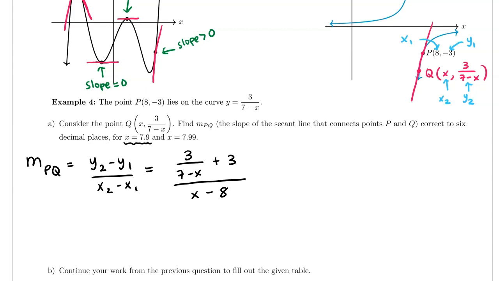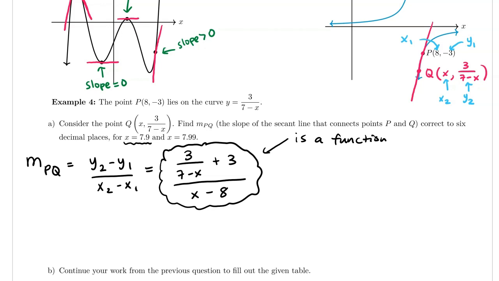So what's the difference here? Well, previously we plugged in a specific value of x, but what's the advantage of leaving our expression like this? Let me show you on our graphing calculator, because this thing now is a function of x, and it represents the slope of our secant line. And now our graphing calculator is going to come in handy.